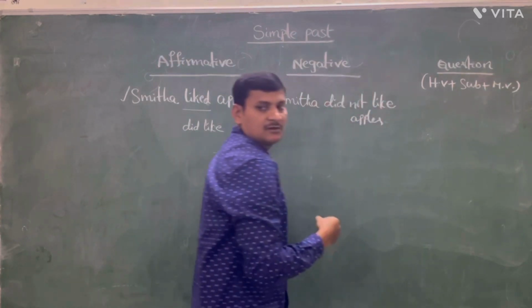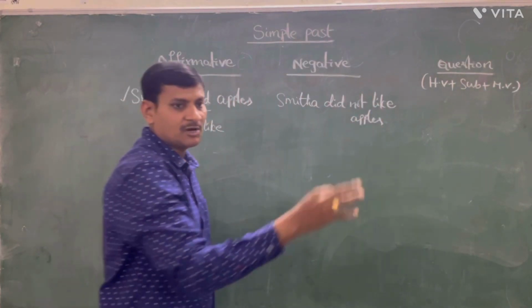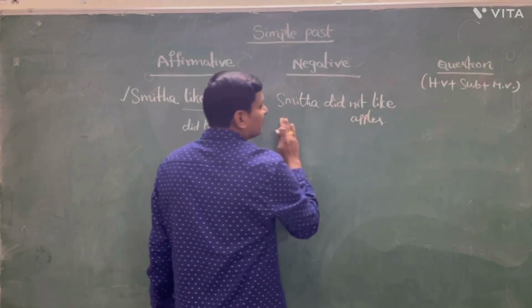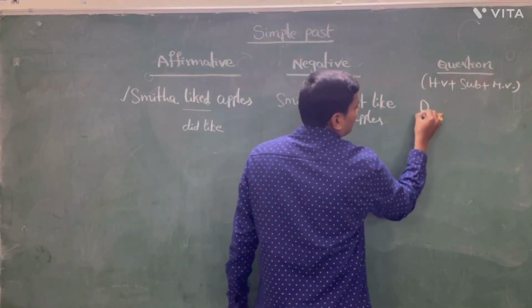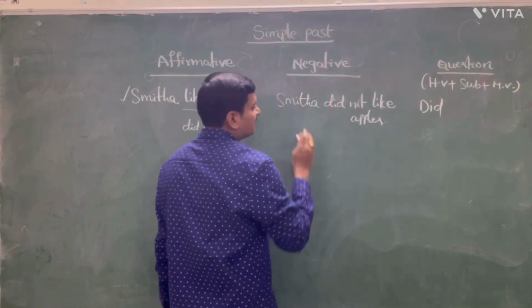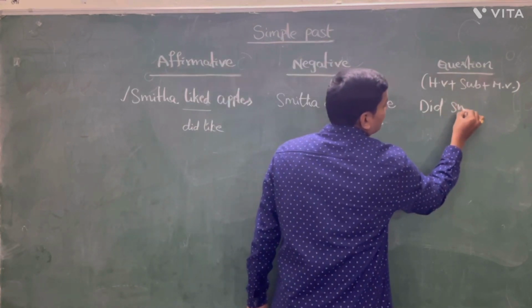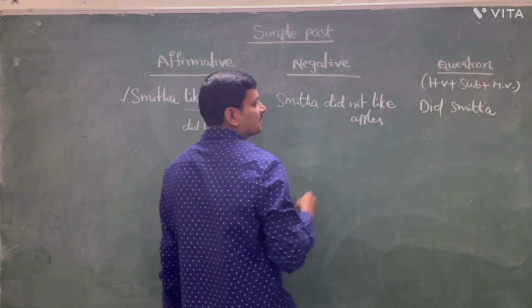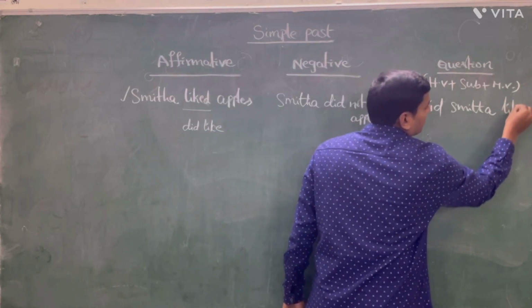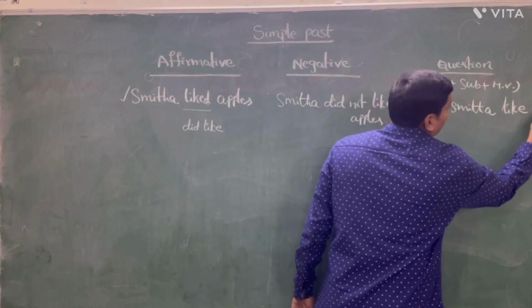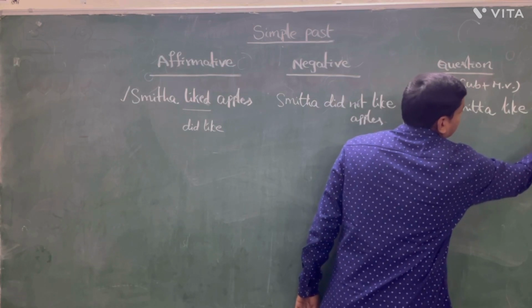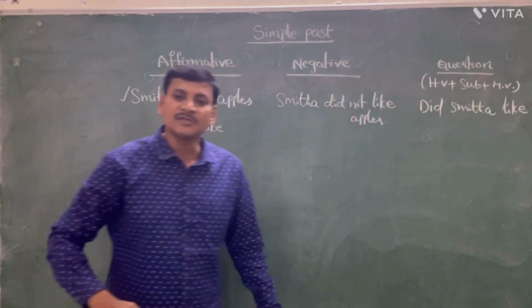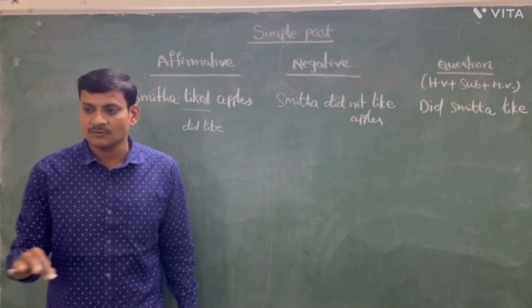This is the structure of writing a question mark sentence. What is the helping verb here? Did. Subject is Smita. Main verb is like. Apples. Did Smita like apples? Okay.